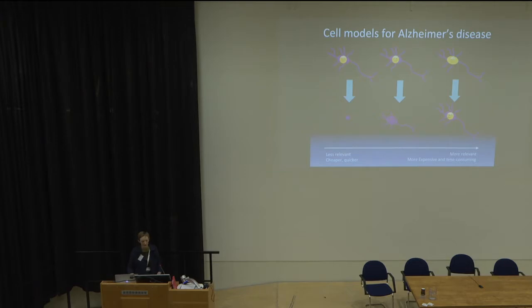So if I now go back to the different models, you can see that the simpler models are going to fit better when we want to look at lots and lots of drugs, and the more complex models are going to fit better when we're looking at a very specific small library.